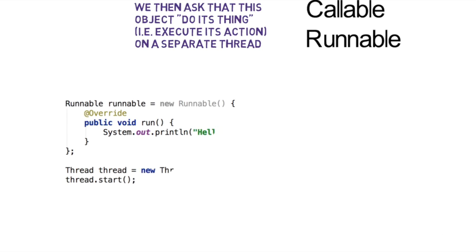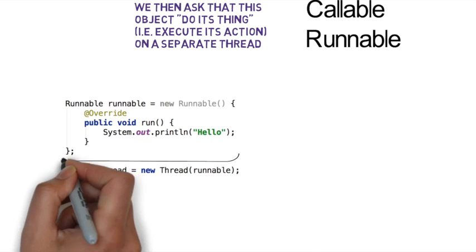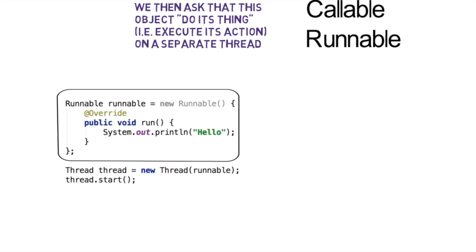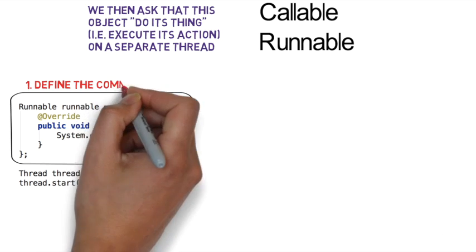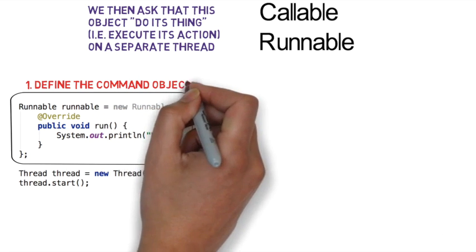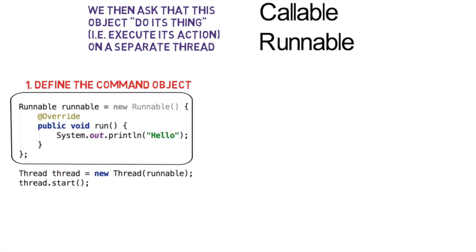Let's look at a little bit of example code for the runnable so things become much clearer. You can see this snippet of code on the screen where we are defining a runnable by calling new runnable and specifying the run method. So basically what we are doing is defining the command object.